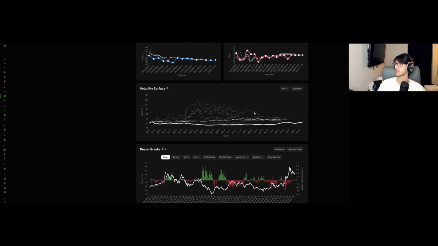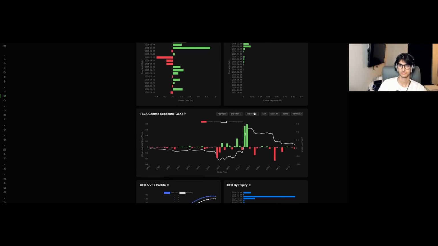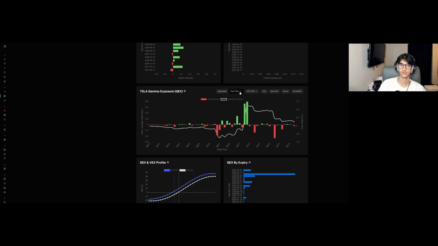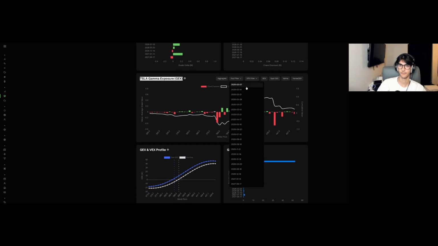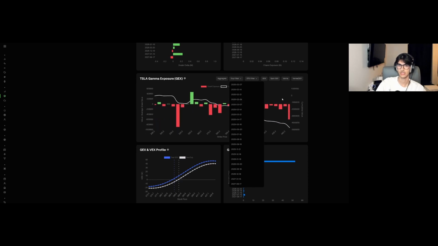And let's see if the data's changed. I'll look at the gamma exposure, and I want to see how people and the market makers are positioned for like a month out, or let's say the end of this month.